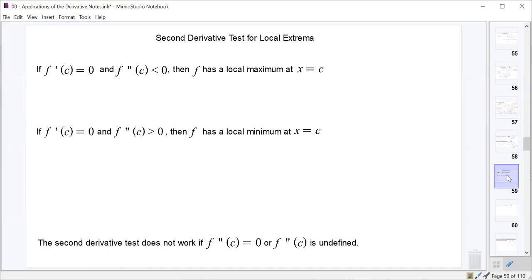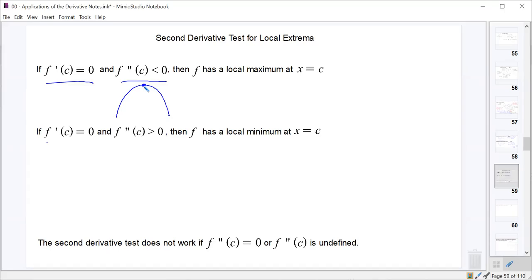So if our derivative equals 0, we have a critical point there, and the second derivative is negative, then that tells us it must be a local maximum. And we can say that must be true because if the second derivative is negative, it must be concave down, giving us a local max at that critical value.